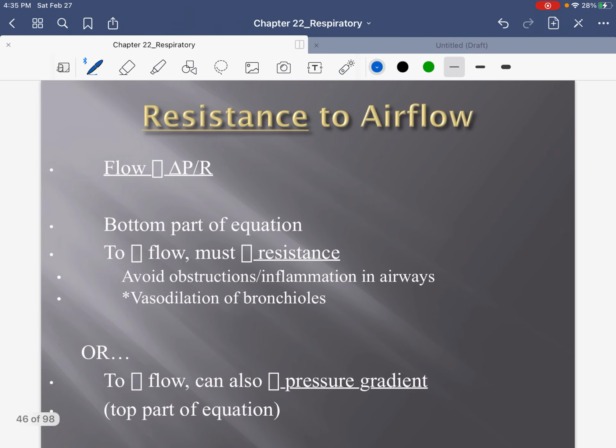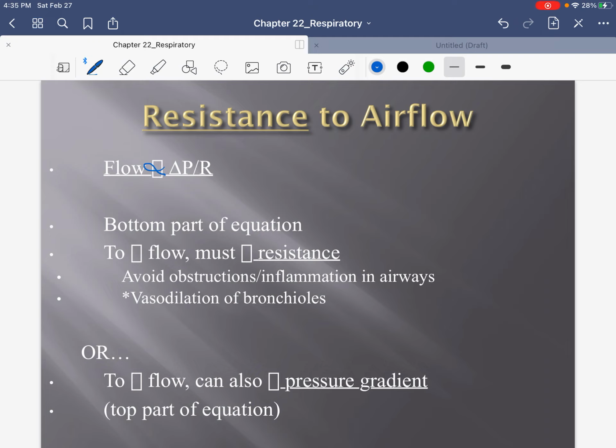Okay? All right. This is going to sound familiar because it's the same principles that we talked about in blood pressure regulation, right? Remember, flow, whether it's fluid, blood, or air, flow is proportionate to change in pressure over resistance.